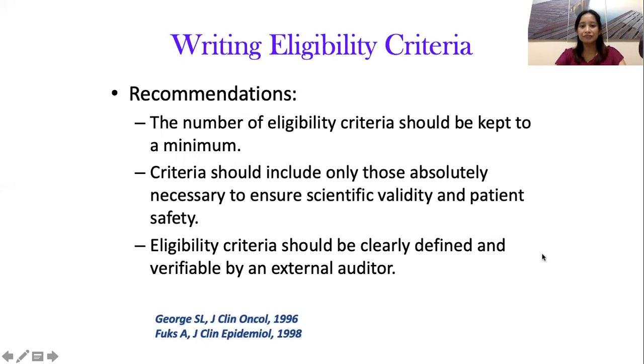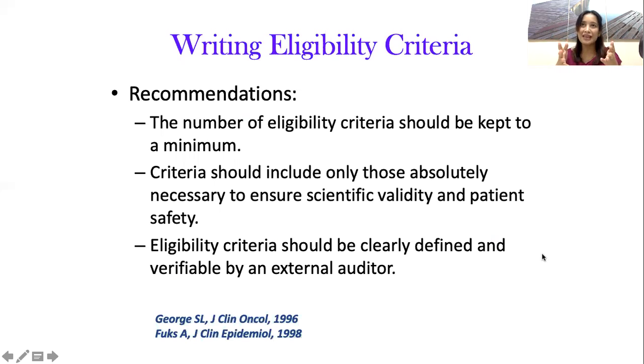Second, it limits the generalizability of your paper. So for example, if that was your very, very specific criteria, then the conclusion from your study will only be applicable or generalizable to that specific population.